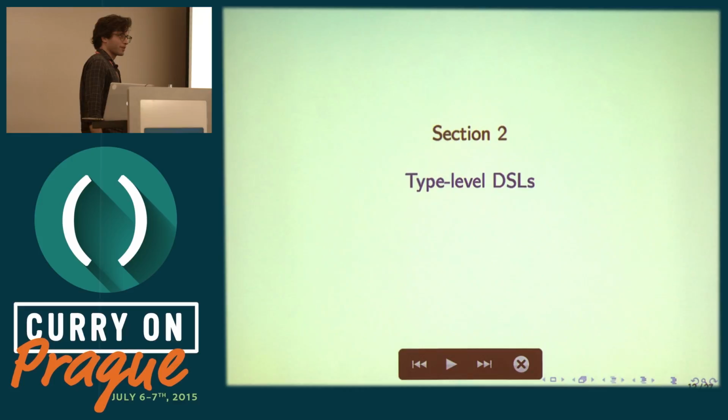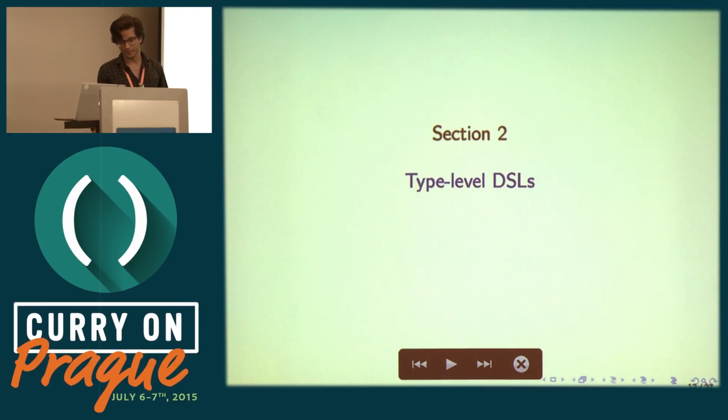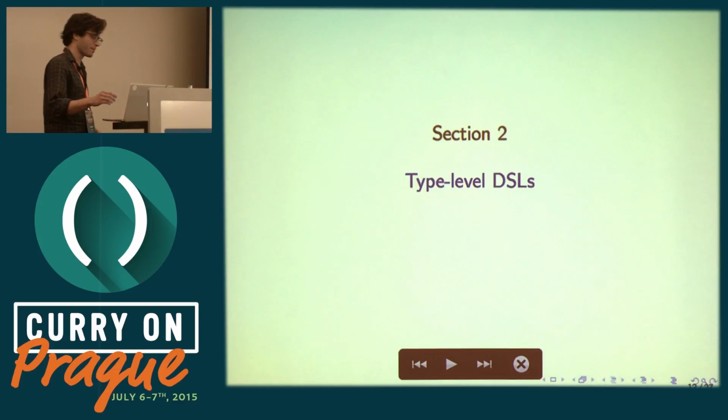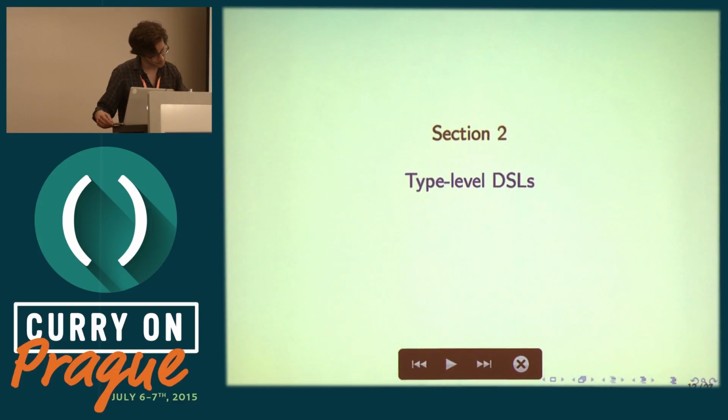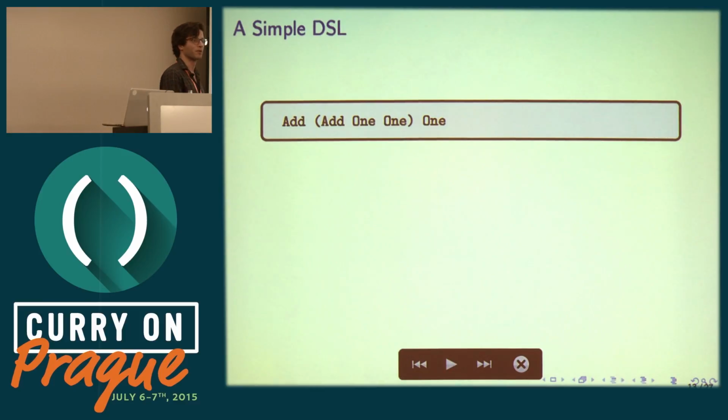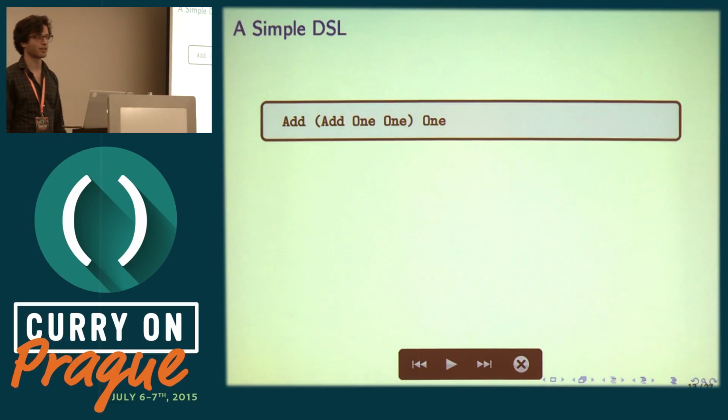So let's talk about these type-level DSLs. Let's start with something very simple. Here's an expression in a simple arithmetic DSL that has just add and 1 as its terms.